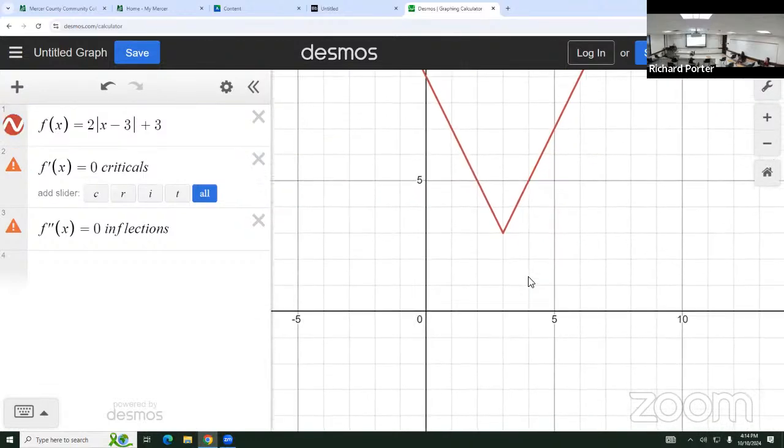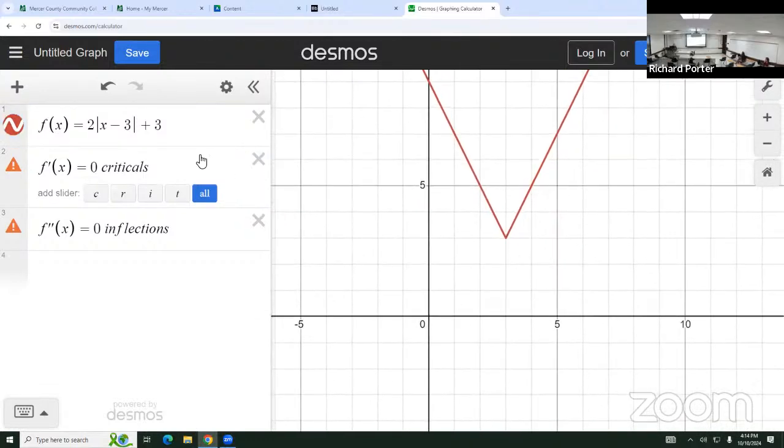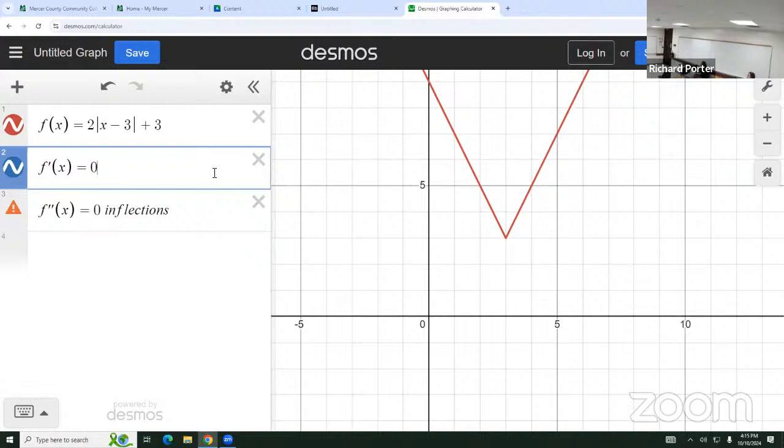See that function? Set the derivative equal to 0. Is there a place where the derivative equals 0? Let me just take the word criticals out. Does it find this? Nope. I see no graph because there is no place where the derivative equals 0.